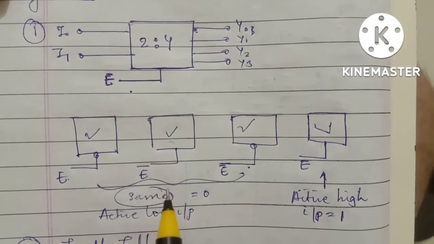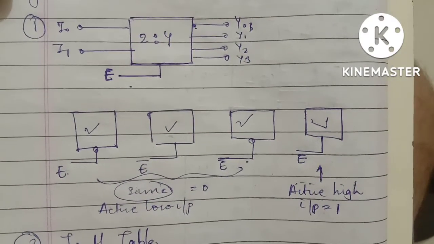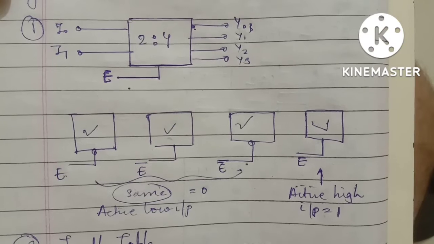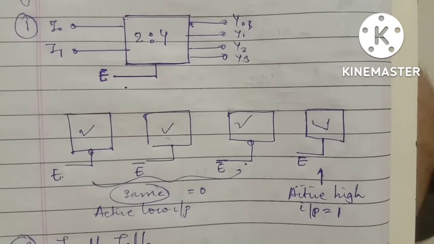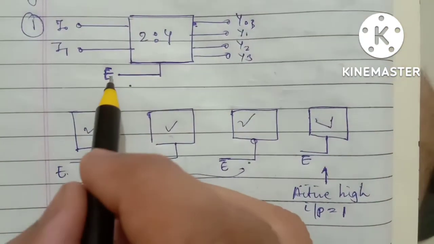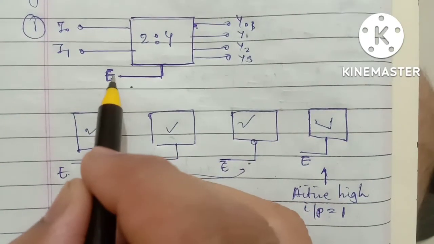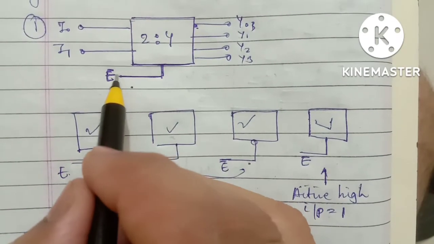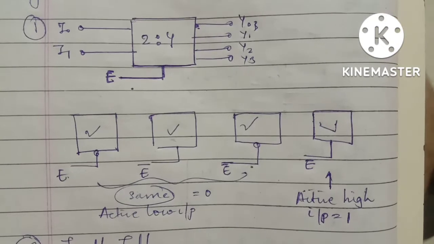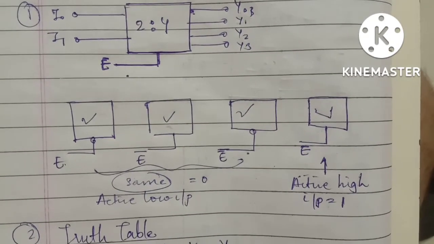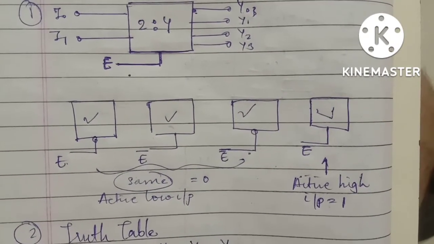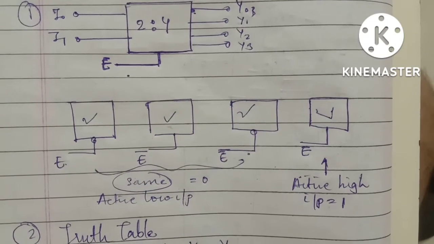If enable is given, you first have to see it. If nothing is mentioned, meaning no E bar and no bubble, the E value will be 1, high. If it is low, then a bubble or E bar or both will be provided, and you have to write 0.